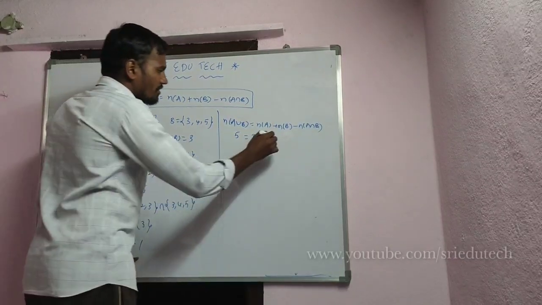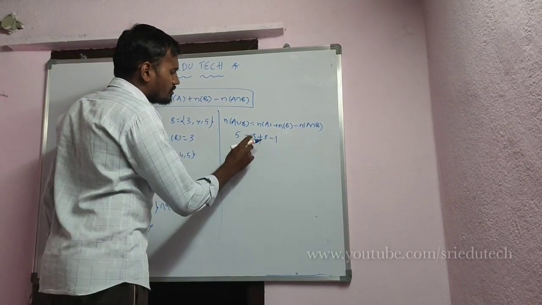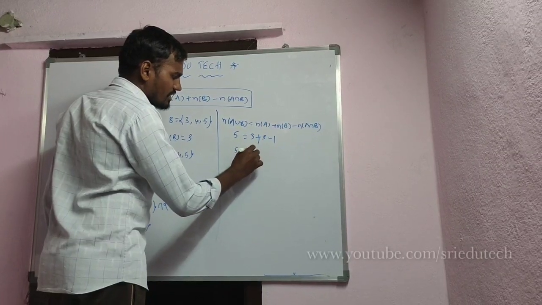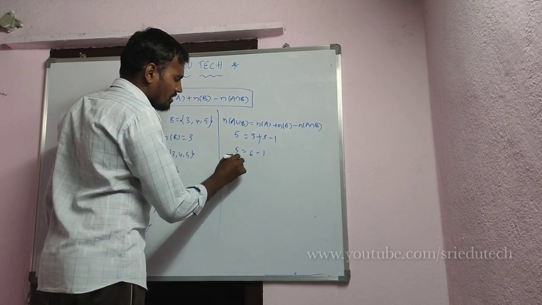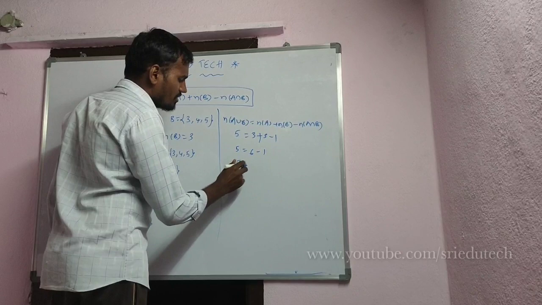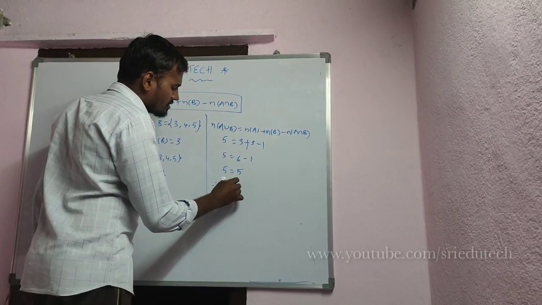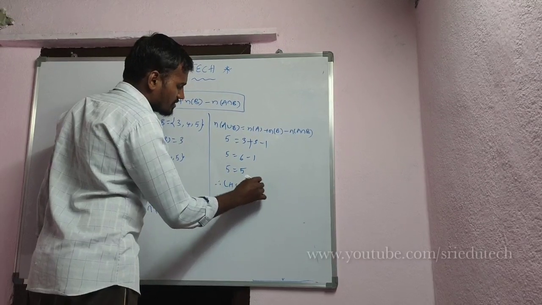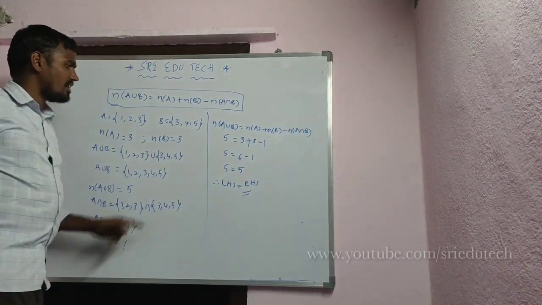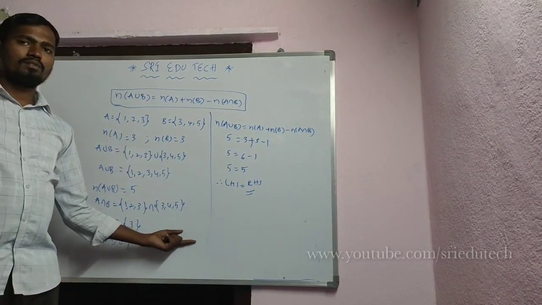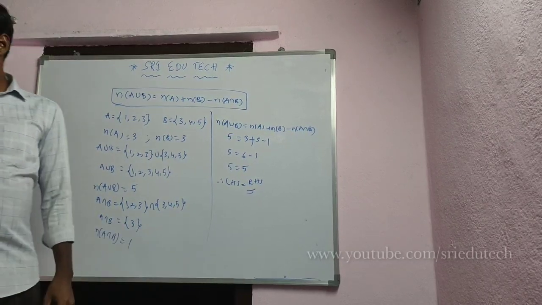Then 5 is equal to 3 plus 3, 6, and 6 minus 1 is 5. Therefore, 5 is equal to 5. LHS is equal to RHS. So, this is the answer. Okay? Next.